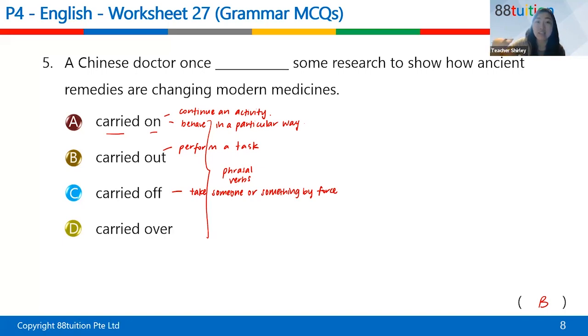Sometimes carry off has a second meaning. It basically means to win a prize. He could not have carried it off without help. That means he could not have won without help, right? Or you can say that she failed to carry off the gold medal. So she failed to win the gold medal, right?